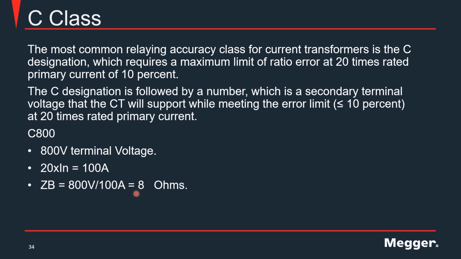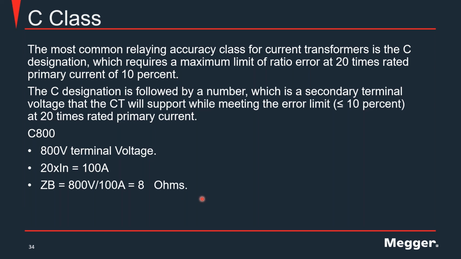That means that all you need to know from this CT is in the designation. C800 means that at 800 volts terminal voltage, when the current is 100 amps, I'm going to have a maximum of 10% error. And what's the allowable load in this case? 8 ohms. It cannot be any higher. Lower loads, you have lower error.